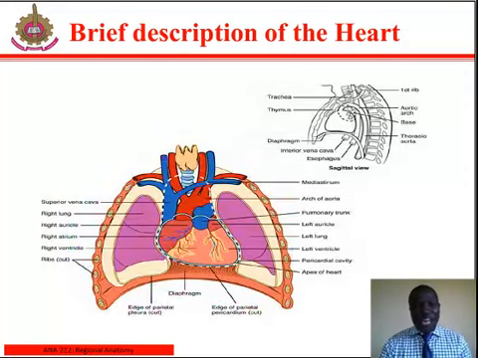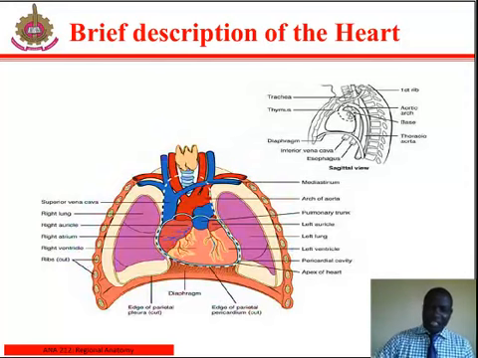Shape and size of the heart. The shape of the heart is similar to a pine cone, rather broad at the superior surface and tapering to the apex. A typical heart is approximately the size of your own fist, 12 cm in length, 8 cm wide, and 6 cm in thickness.